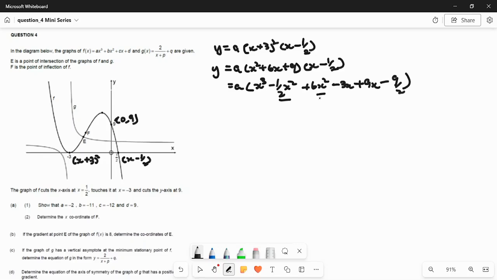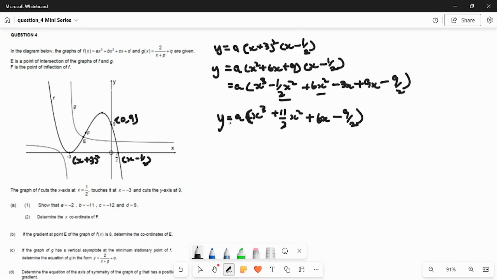We've got x squared and x squared, so minus half plus 6, that's the same as minus 1 plus 12, which is a positive 11 divided by 2 x squared. I still have my x cubed there. And then the other like terms, it's minus 3x and 9x, so that will be a positive 6x, then minus 9 halves.